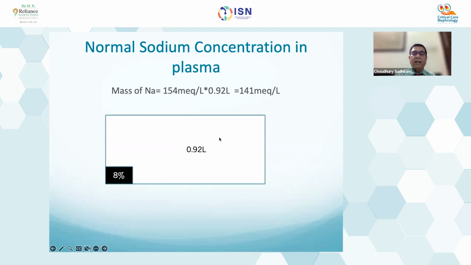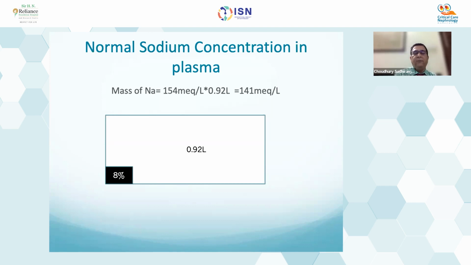That is how the concept of 140 to 145 milliequivalents per liter of sodium concentration was proposed, since 20 years back we were using flame photometry as an investigation tool.